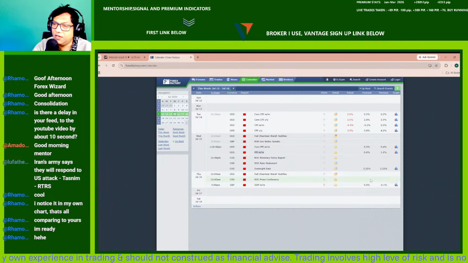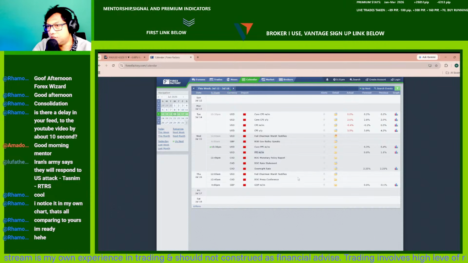PPI is the same as the CPI, so there will be some volatility, and also today Kevin Walsh will testify, with the dollar index. So that said, another volatile day.